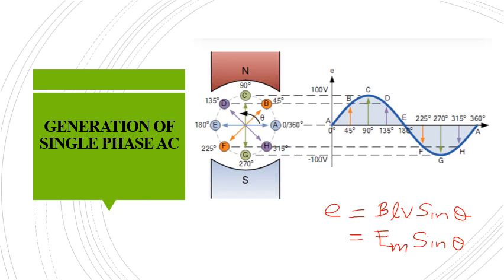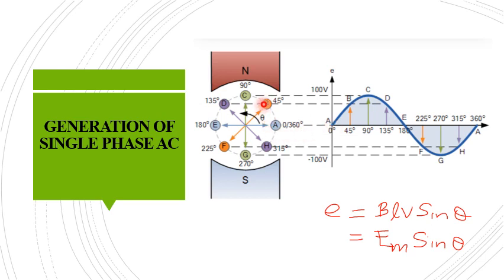So here we can see the different positions of the conductor as well as the nature of the EMF generated. At position A, the angle between the flux lines and the conductor is 0. That is, theta value is 0, so EMF generated will be 0.